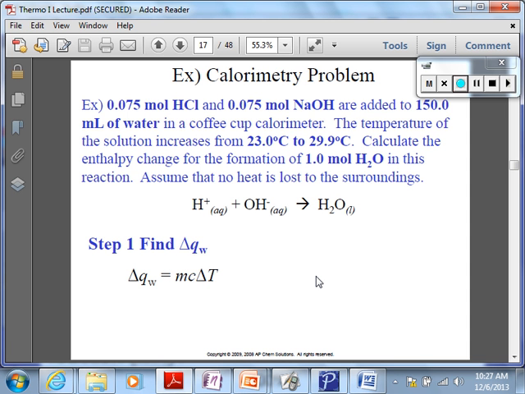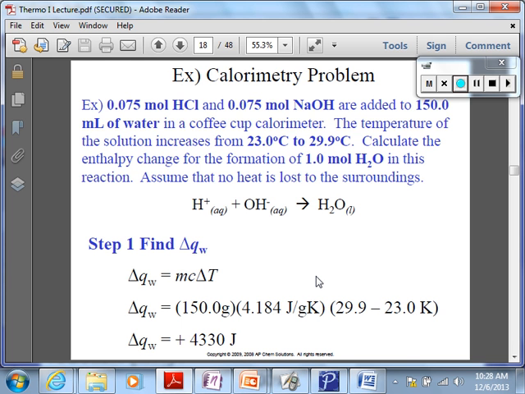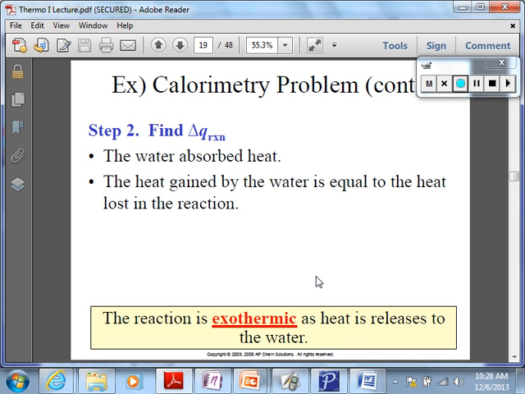Because temperature went up. So the reaction must have lost. So delta Q for the reaction will be what? Negative 4,330. Alright, so there's the math one more time. So you end up with positive 4,330 joules for the water, and then opposite in sign for the reaction. The heat gained by the water is the heat lost by the reaction. So it's X both ends.